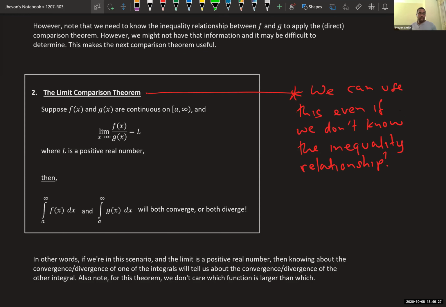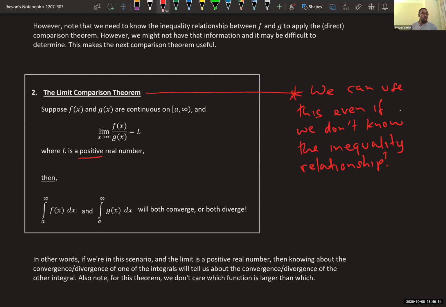So the limit comparison theorem says f and g are functions that are continuous on a to infinity. And let's say when you divide them, f of x divided by g of x, and you take the limit as x approaches infinity, you get a number that is positive. Then it turns out that both integrals will actually do the same thing.